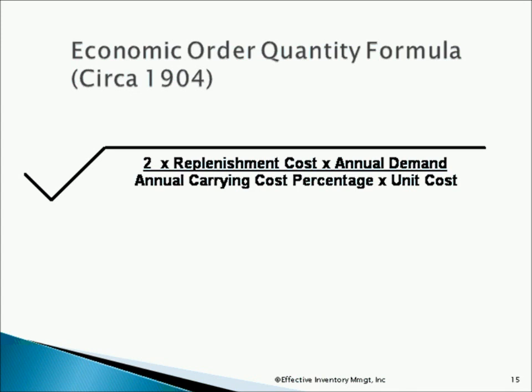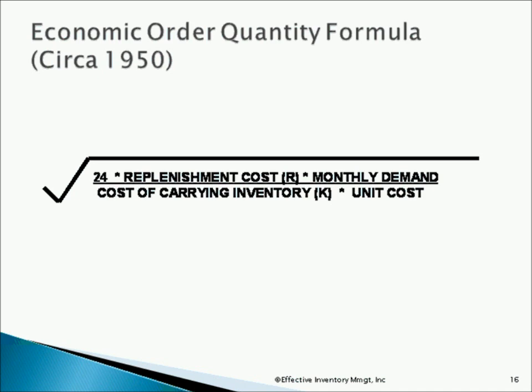Okay, that looks complicated. This formula was replaced in most systems by most customers about 60 years ago with a version of the economic order quantity formula that also looks kind of complicated, but instead of annual demand, it deals with monthly demand.